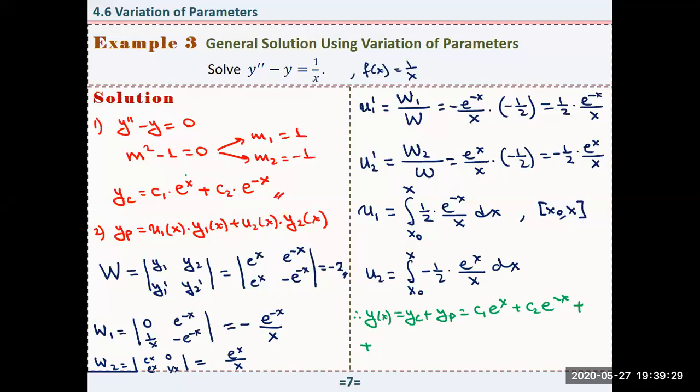What is y sub 1? y sub 1 is e to the power x, and u sub 1 is 1 over 2 times e to the power x times the integral from x sub 0 to x of e to the power minus x.